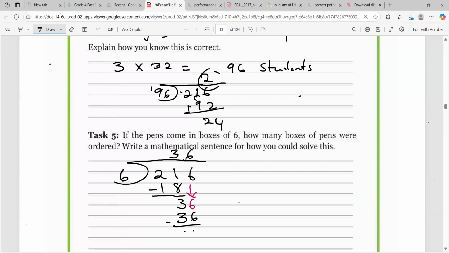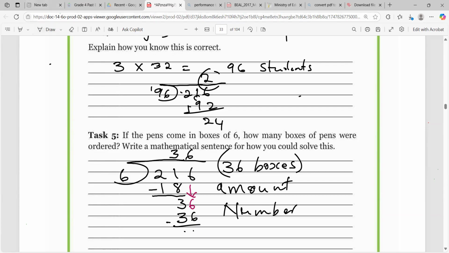So the amount of boxes would be 36. 36 boxes. All right, let me tell you one thing, Xavier. So when it's countable, we don't say the amount, we say the number of boxes. So instead of saying amount, we use number because it's countable. So it's the number of boxes, 36.